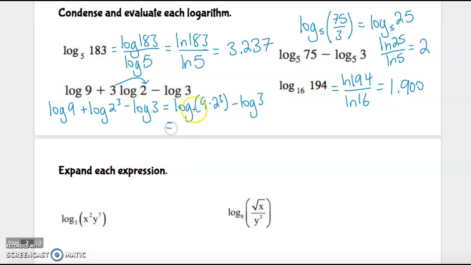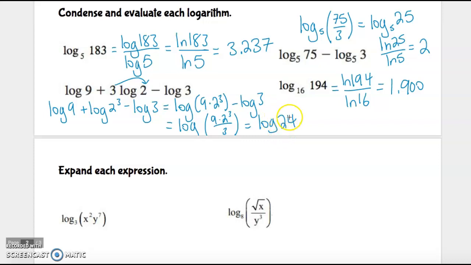And then that turns into division. My subtraction between 2 logarithms turns into division instead of 1 logarithm. So log of 9 times 2 cubed over 3, which means log of 9 times 24. And then this one's secret. You don't have to do change of base here because this is a common log and your calculator can just do those.